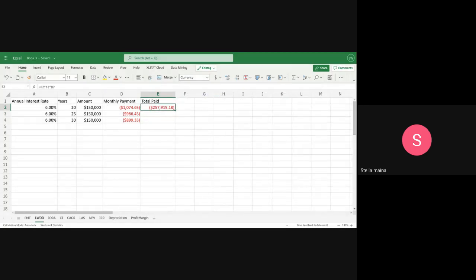So yeah, we can see what has happened. That is the total amount paid for each loan, and we can see the one for 30 years, you pay more. And this is a strategy that is actually implemented with mortgage payments.